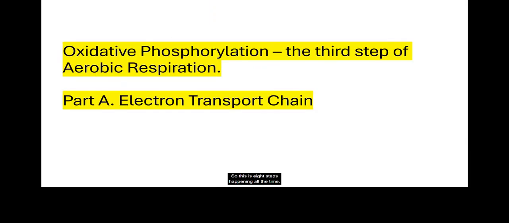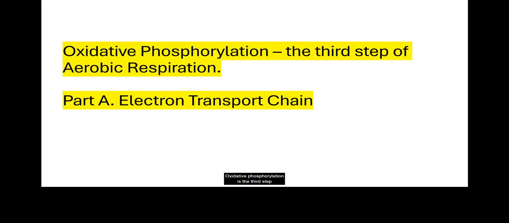And in here more carbon dioxide and NADH is produced. And in here ATP is produced. And in here FADH is produced. In here water is used. And in here again NADH is produced. So these are 8 steps happening all the time.